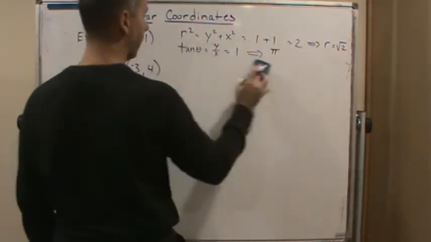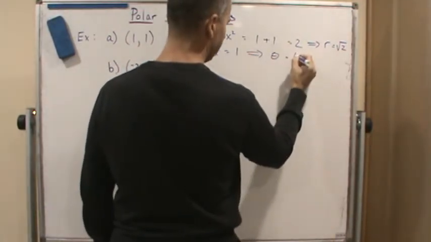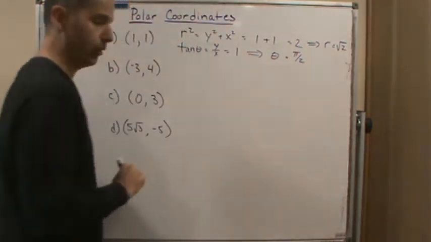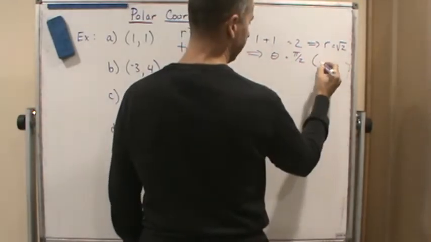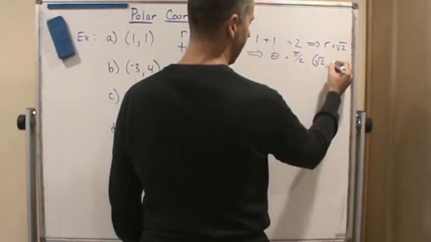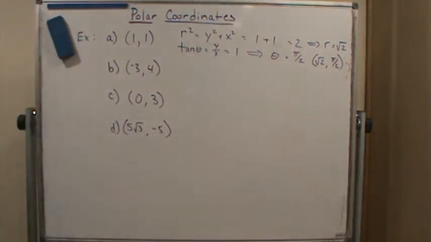So this implies that theta equals pi over 2. There's our angular coordinate and we're done. So the answer is going to be the square root of 2 comma pi over 2. Okay, so that's the first one.